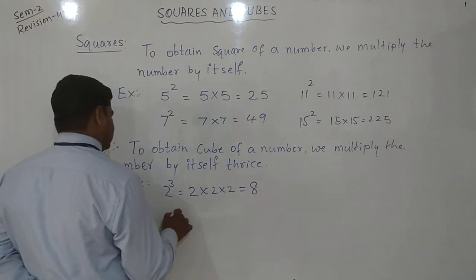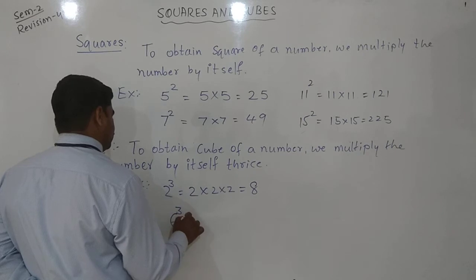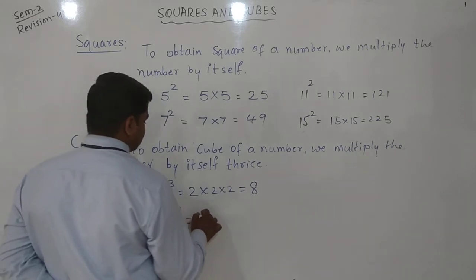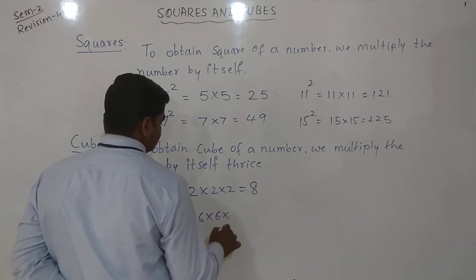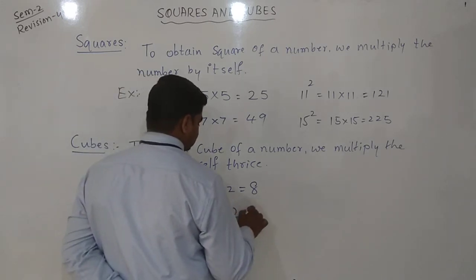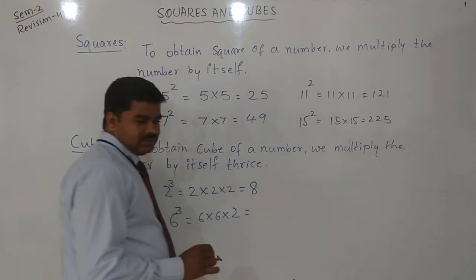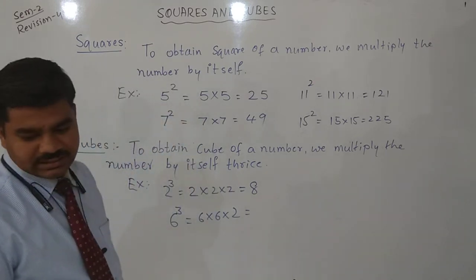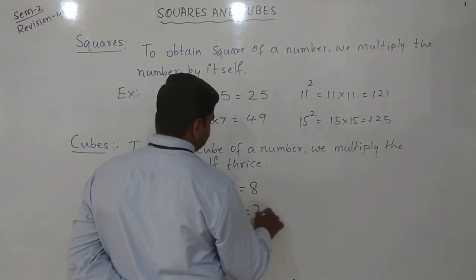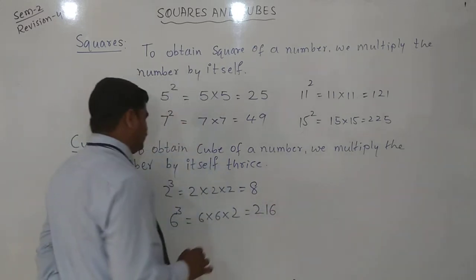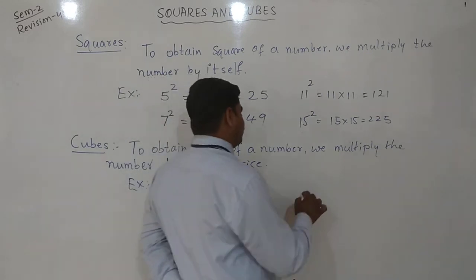Like this, 6 cube. 6 sixes are 36, 36 sixes are 216. Cube of 6 is 216.